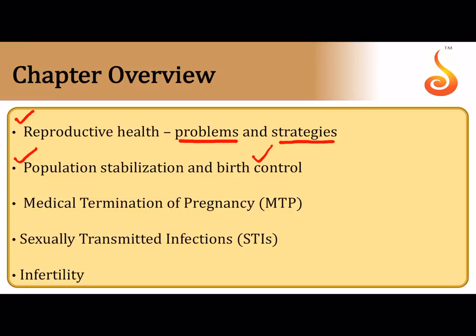Then we discussed medical termination of pregnancy, that is MTP. And in this particular lecture, we will be discussing sexually transmitted diseases or sexually transmitted infections, abbreviated as STI. And we will be discussing the inability of a couple to produce children, which is referred to as infertility. Okay.